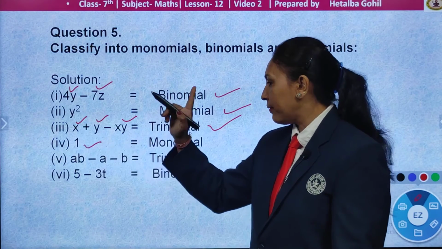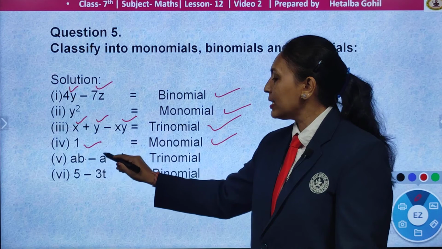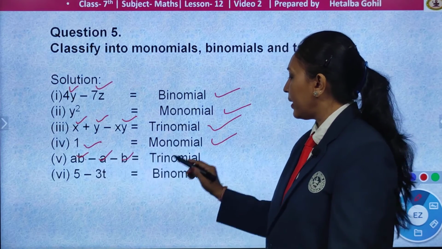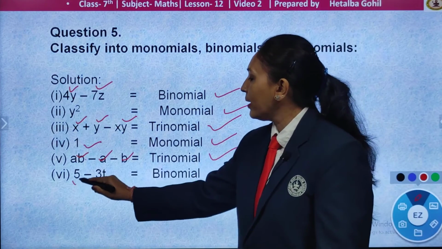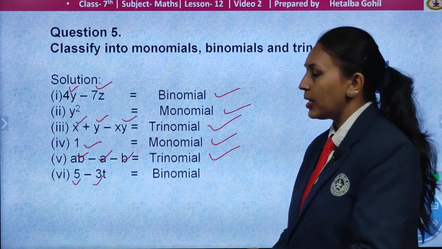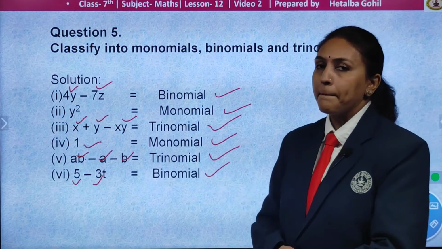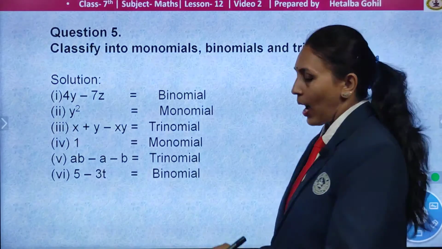Here only 1, that means it is monomial. AB minus A minus B, that is 1, 2 and 3, it is a trinomial. And last, 5 minus 3t, you have two terms, that means it is binomial. So very easy, just count the terms, accordingly you answer it.